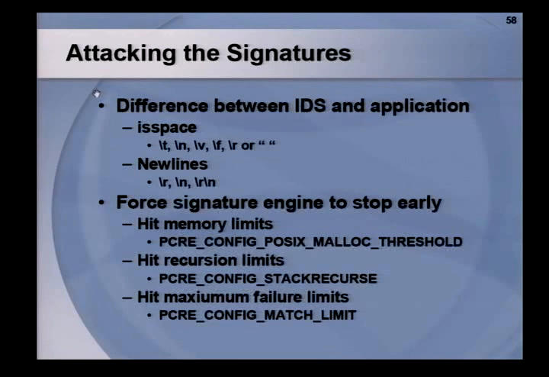A number of different web servers also supported just \r instead of both \r\n. A quick thing on the isspace issue: the reason why isspace is such a big problem is that every Apache server out there supports all these different forms of space characters, and Apache will basically eat any white space between the beginning of the method, the URI, and the version. And there's no real limit on that besides the maximum size of the entire request buffer.